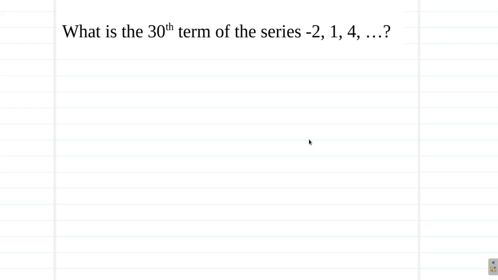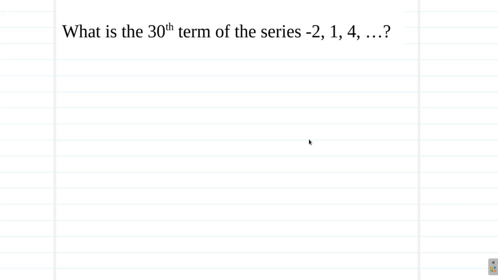Which one is it? You have to determine that. And you will use the formula for the nth term. Substitute 30 for n and calculate what the 30th term is.